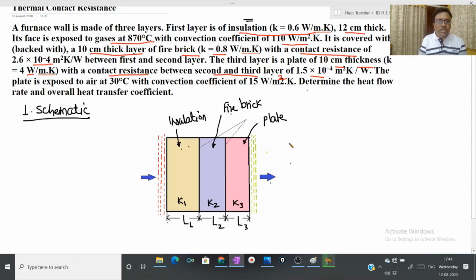Now these are called the interfaces, or contact surfaces, between insulation and fire brick and between fire brick and plate.